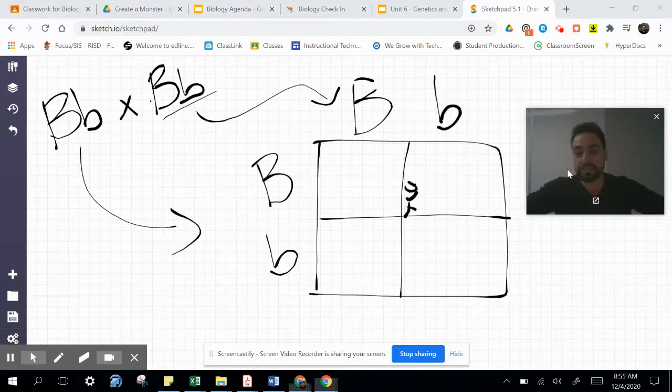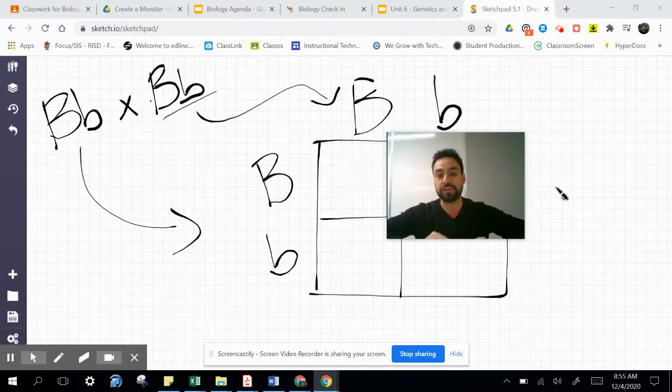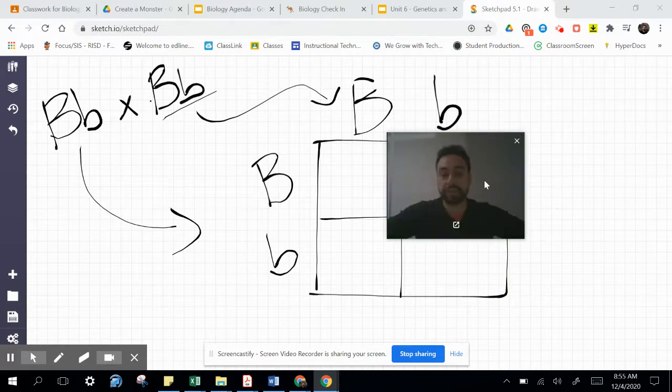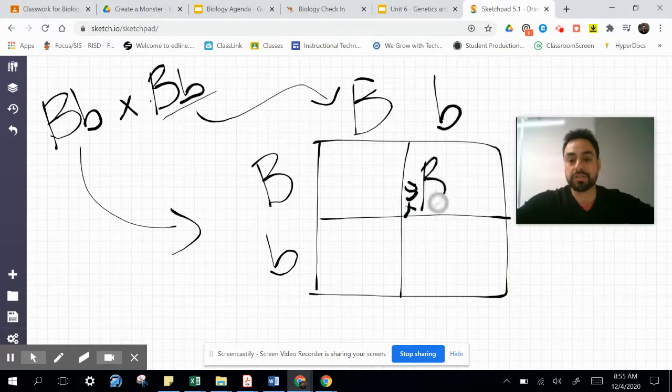So if, I just want to see if I can do this with the video. If I am in this box, if I'm looking for alleles, I'm going to grab this recessive B, and then I'm going to grab that dominant B, and I'm going to bring them into this Punnett square, and that's how Punnett squares work. Dominants go first.